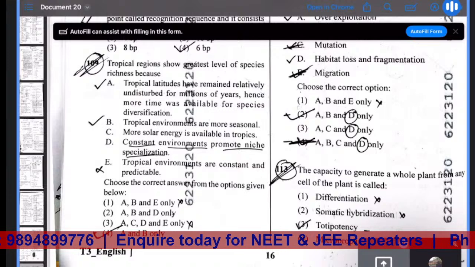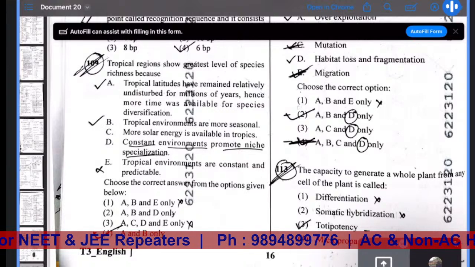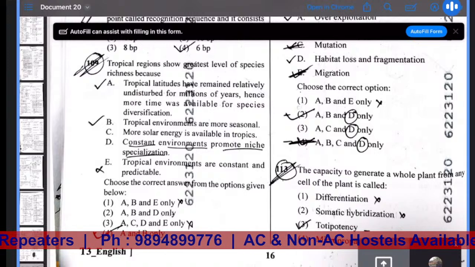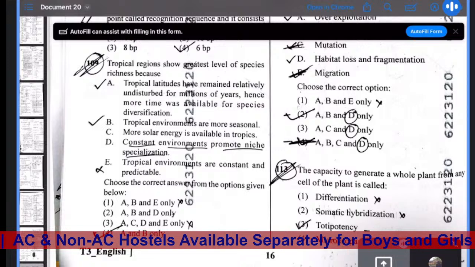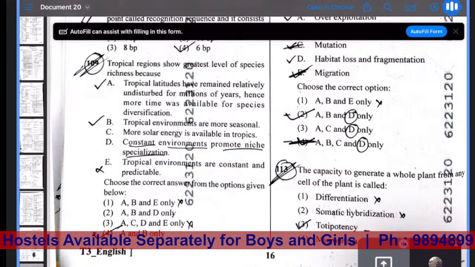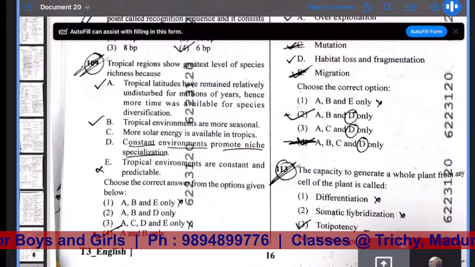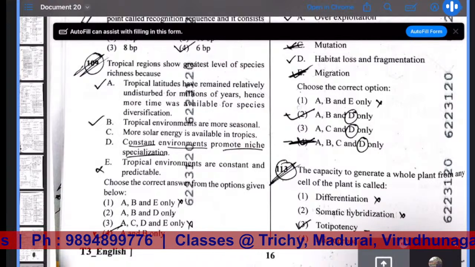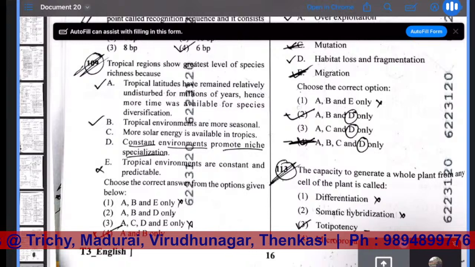Of course, solar energy is highly available in the tropics. Then D, constant environment promotes niche specialization. Niche specialization needs a more constant environment, so statement D is also right. Statement E, tropical environments are constant and predictable. Just now I told you they are less seasonal and so more constant. Hence statement E is also right.